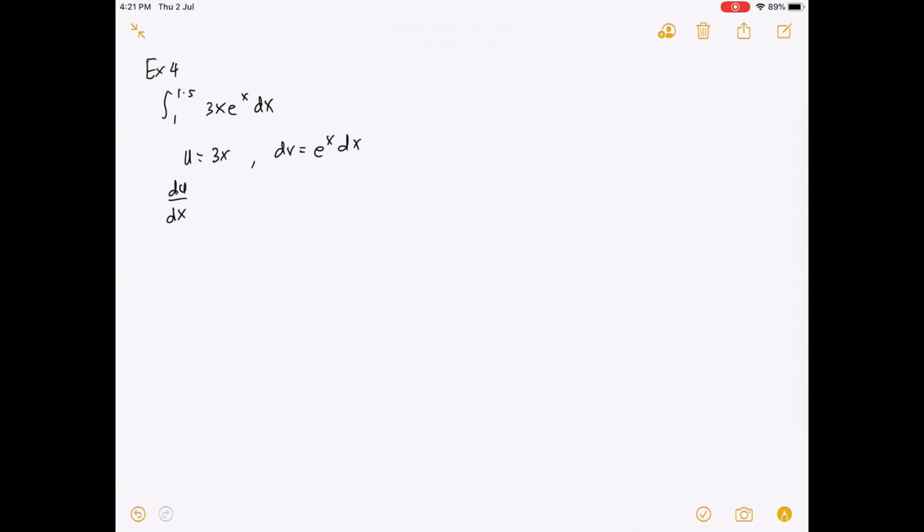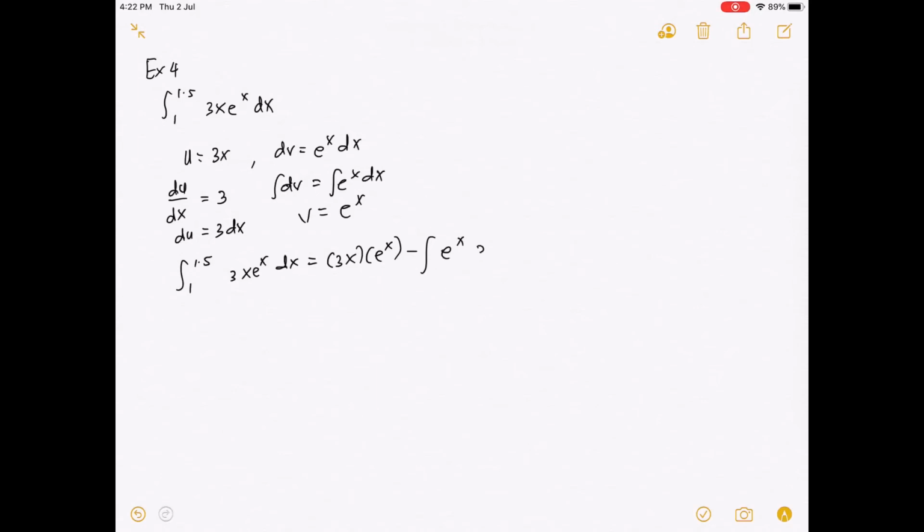So u we differentiate, then we'll have du equals 3 dx, and then the dv we integrate, so we have v equals e^x. Substitute everything into our formula.